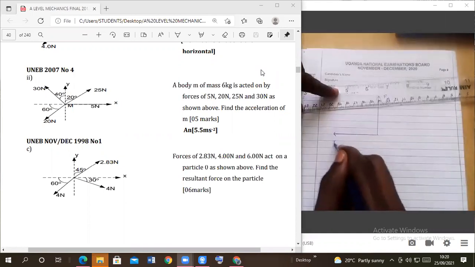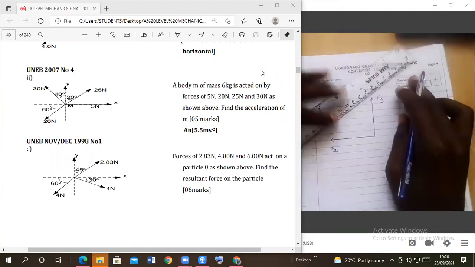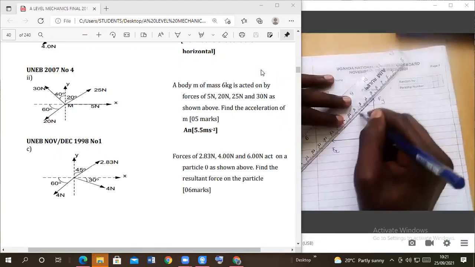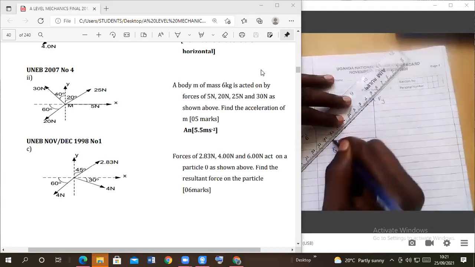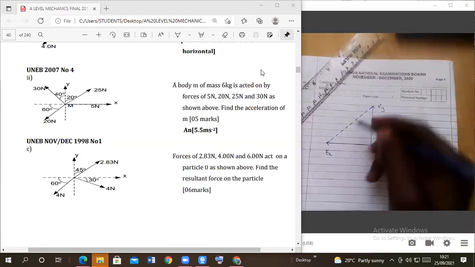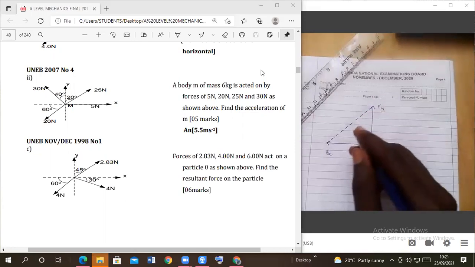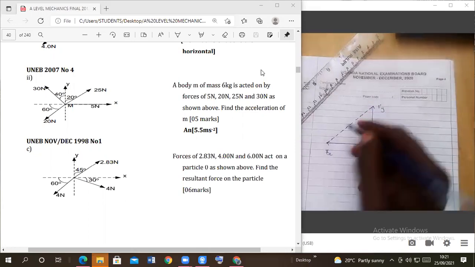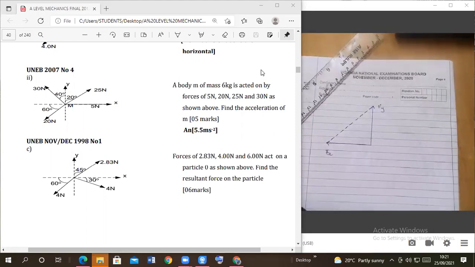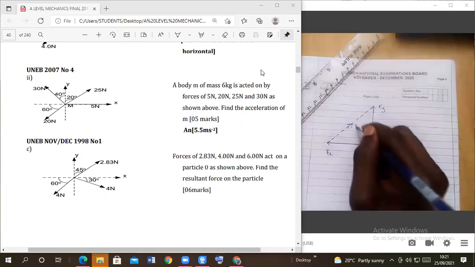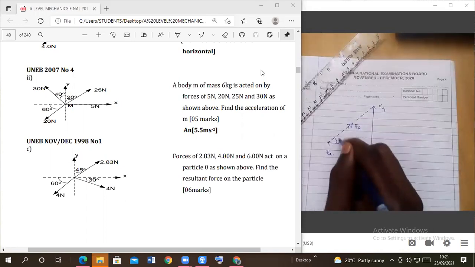This is Fx. Then completing this diagram to form a triangle, the resultant Fr, which is here, we can call that angle theta.